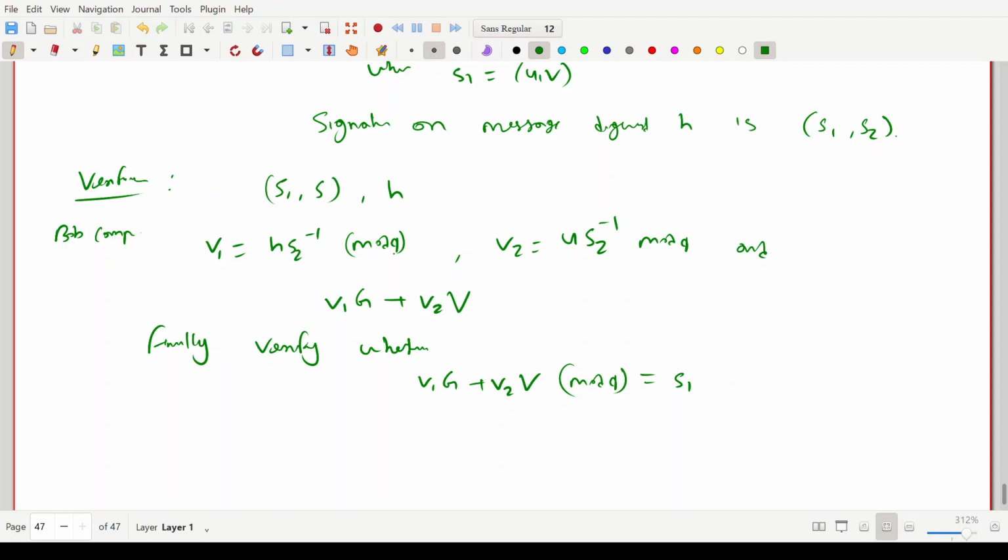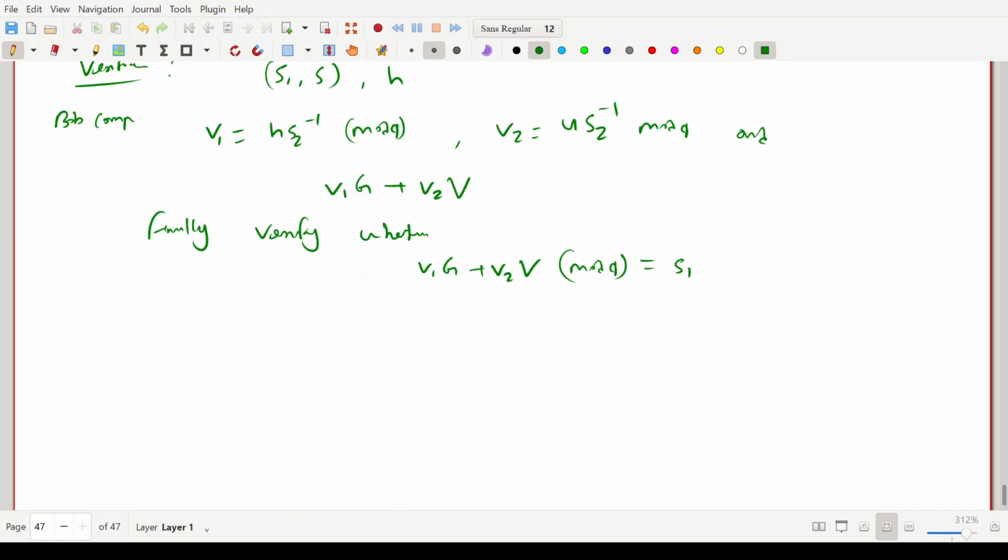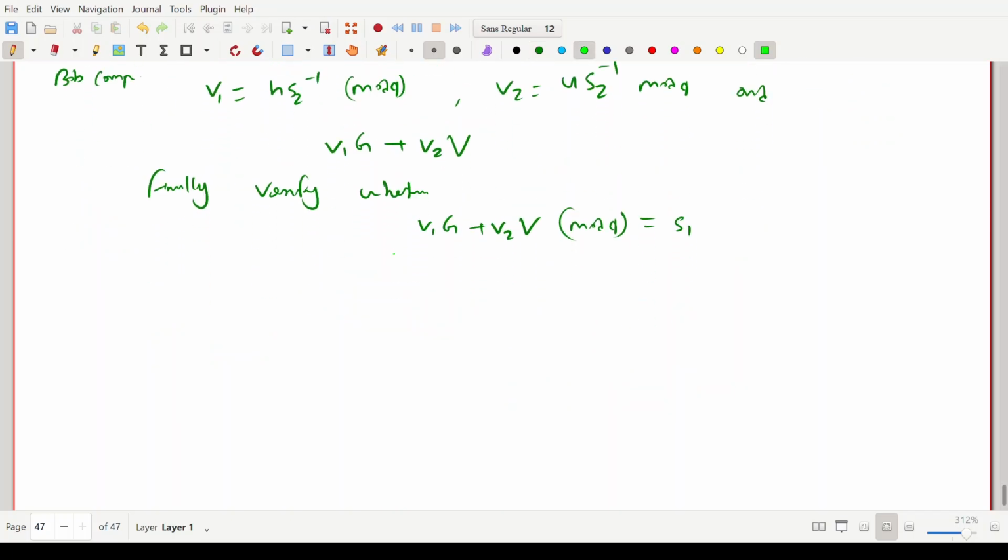Let me just do the correctness part. What is V1G plus V2V? V1 is H S2 inverse G plus U S2 inverse sG. Correct? So I can take S2 inverse G outside.